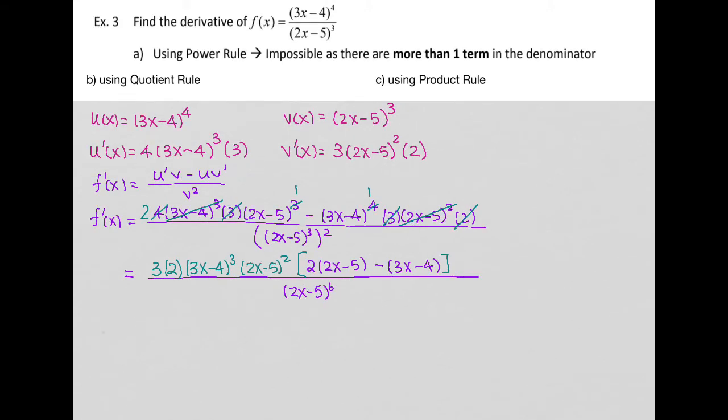Now, let's simplify it further. You can write 6 (3x minus 4) to the exponent 3, and they have 2x minus 5 in common, so this becomes 4, and we're going to write down what's inside the square bracket here. So 4x minus 10 minus 3x plus 4, close bracket.